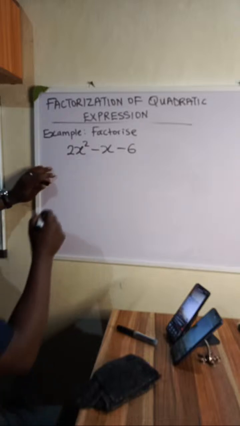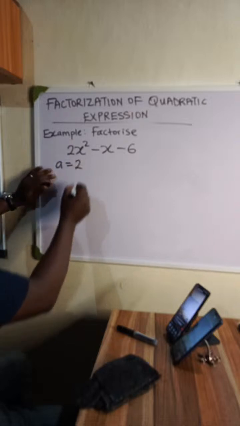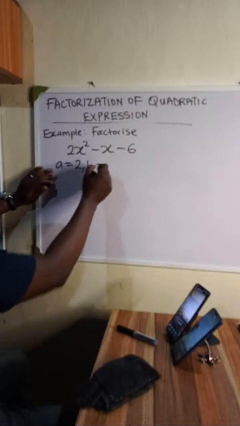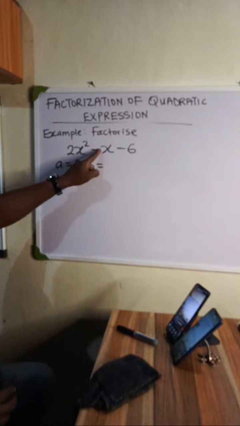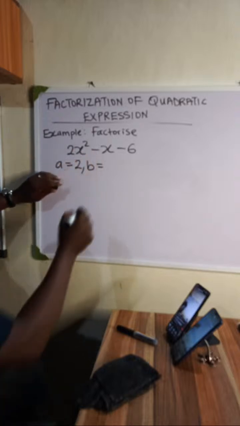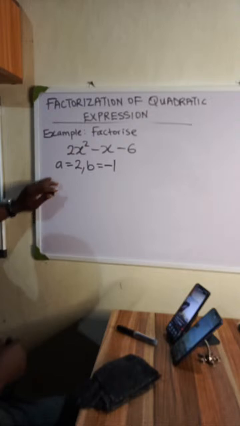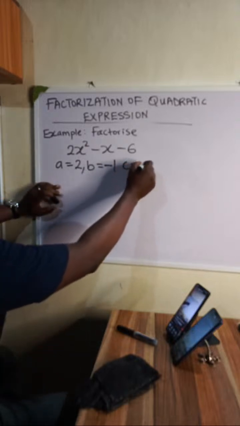In this situation, a is equal to 2. b is equal to minus, because this minus sign belongs to x. Since there is no number here, the number there is 1. So we have minus 1 as the value of b. And then c is equal to minus 6.